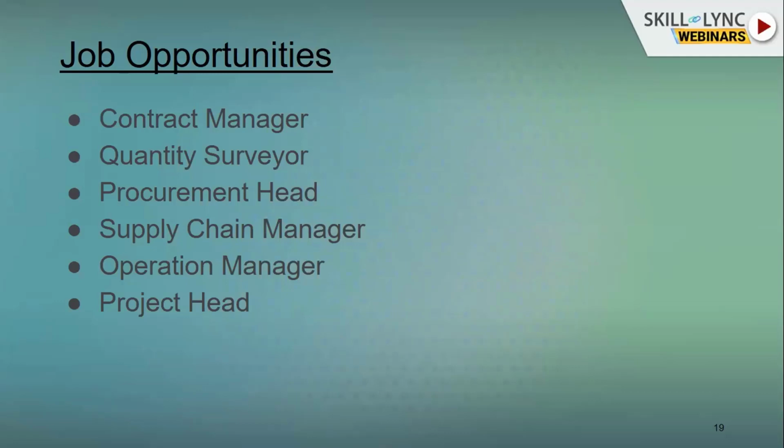Procurement head: the contract manager needs to know the price of the item. Accordingly he will arrive at a certain cost. Otherwise it is not possible for him to arrive at the cost of the project. So he should work as a procurement head before handling contract management.